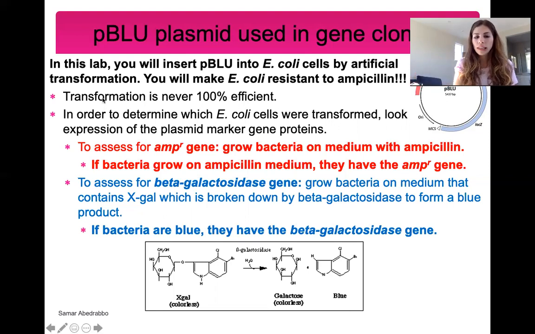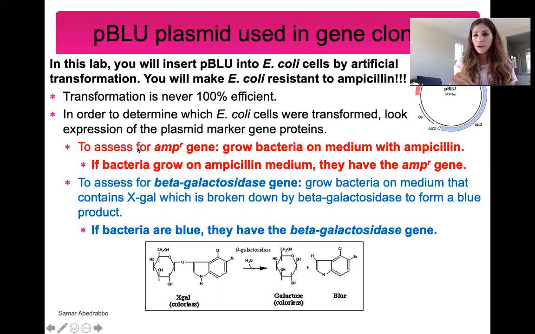That's why we say transformation is never 100% efficient. To determine if your E. coli cells actually took on the plasmid or were transformed, you're going to have to see, do they have the plasmid characteristics? And remember, when we look at our pBLU plasmid, it gives the cells ampicillin resistance and it gives them the beta-galactosidase gene.